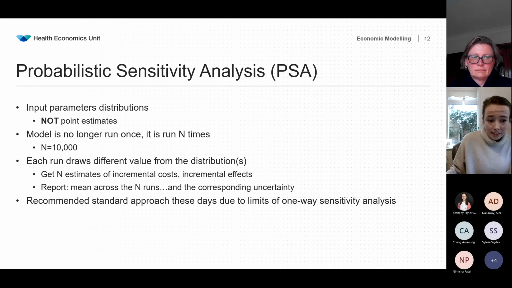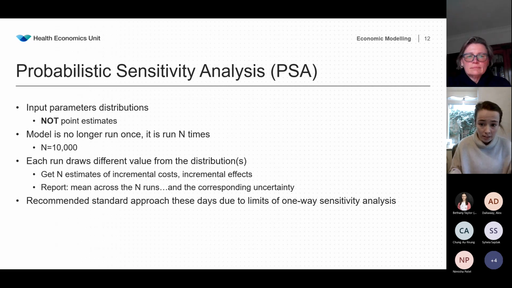In a probabilistic sensitivity analysis, it's important that the input parameters are distributions. They're not point estimates. So the model is no longer run once. You run it maybe 10,000 times or 20,000 times. And each time that it runs, it will choose randomly different points from within those distributions.